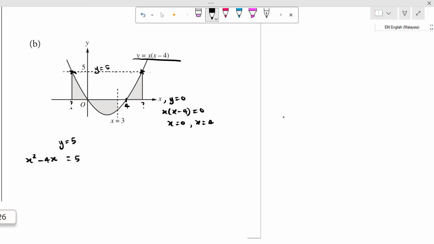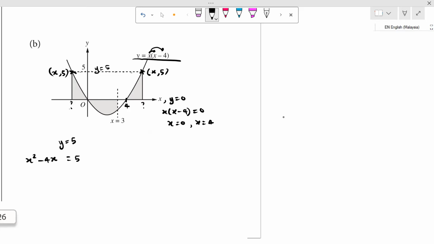So that I can find my x. Are you okay? Because you have the value of y. X you don't know, but y is 5. You know one of the coordinates, you put it into the equation. And I expand the equation at the same time.